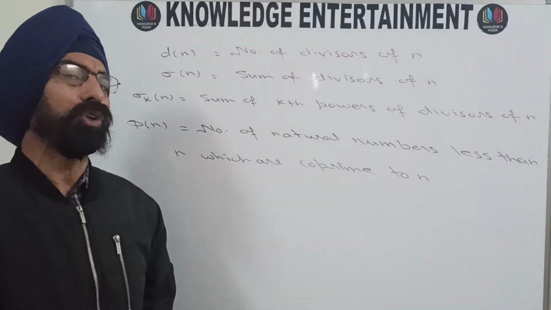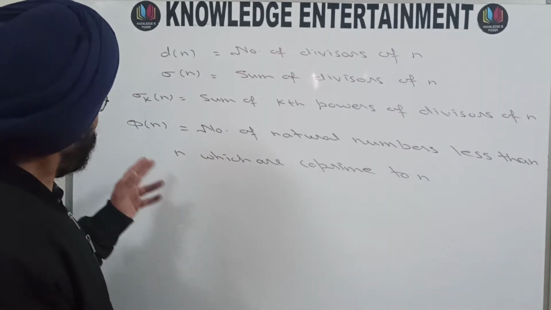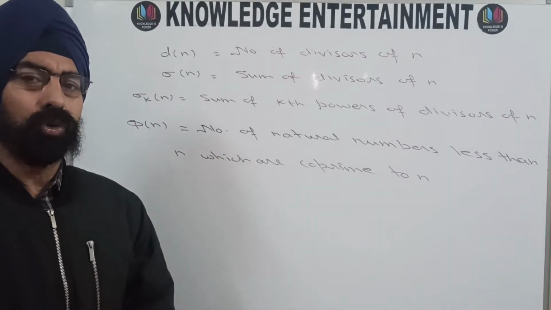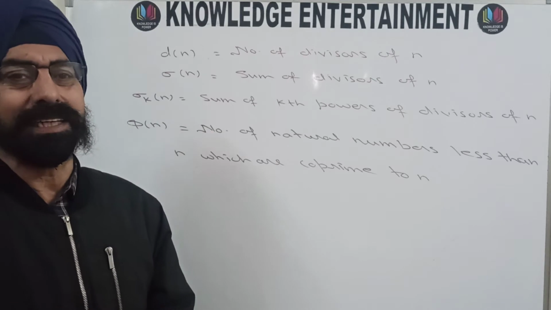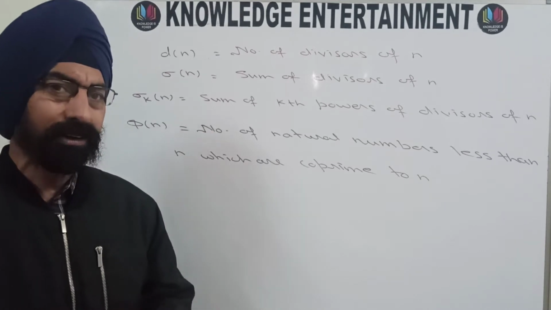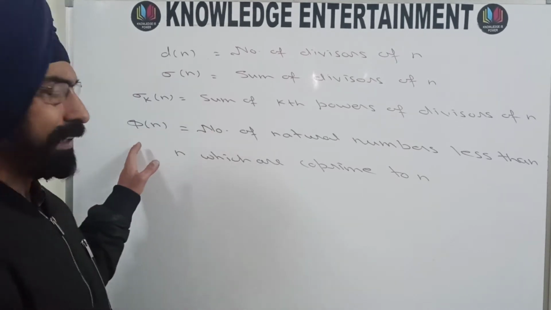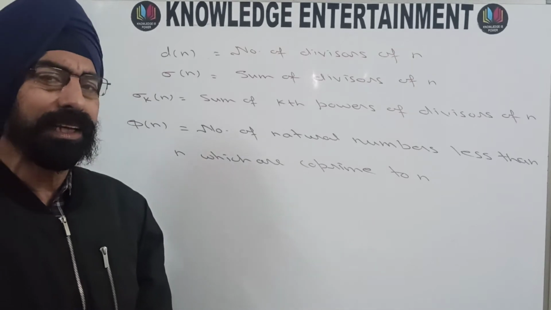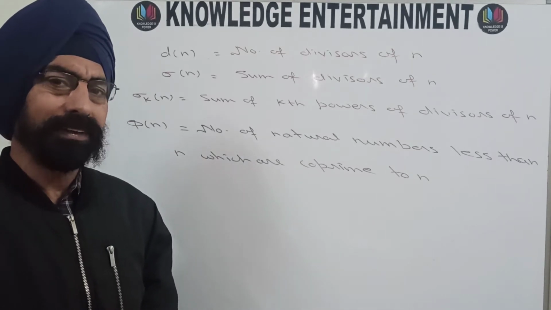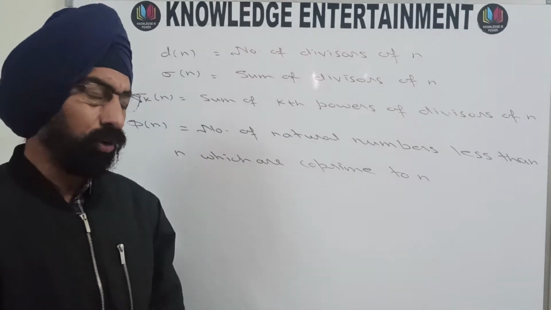As in a previous video we have discussed, for example, if you are dealing with phi(10), what are the natural numbers less than 10 that are co-prime to 10? These are 1, 3, 5 and 7. So phi(n) is the number of those. So how many are there? 1, 3, 5 and 7. That means 4. So phi(10) is 4.